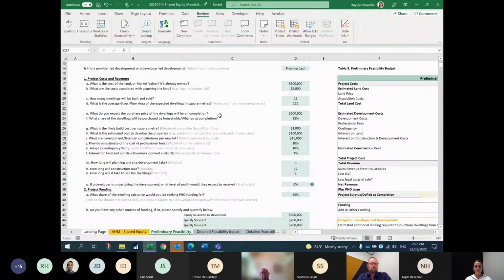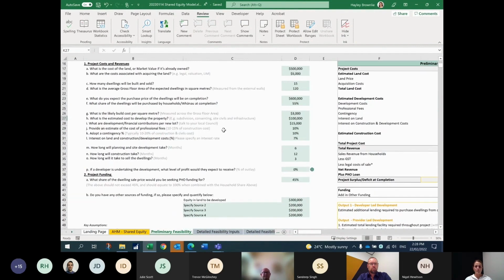How many dwellings will be sold, the gross floor area, average per dwelling, purchase price, the share that will be purchased by the households, build costs per square metre, development costs, financial contributions per lot, professional fees, contingency percentages.